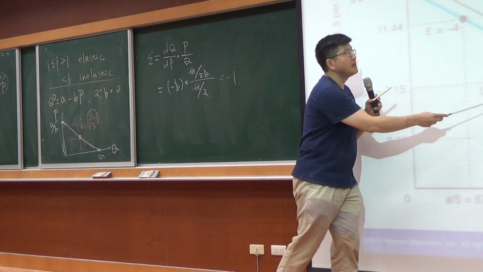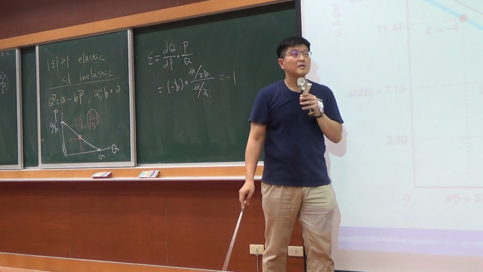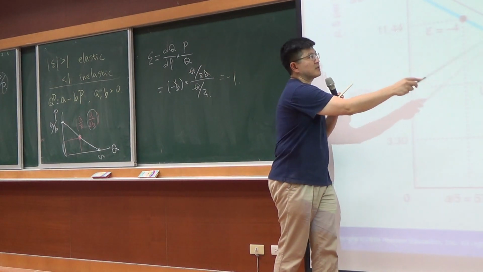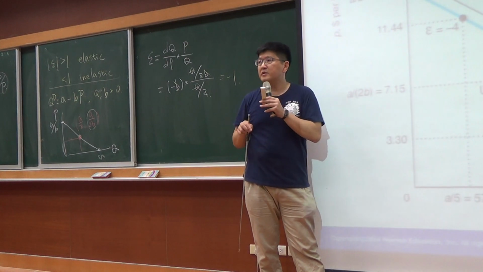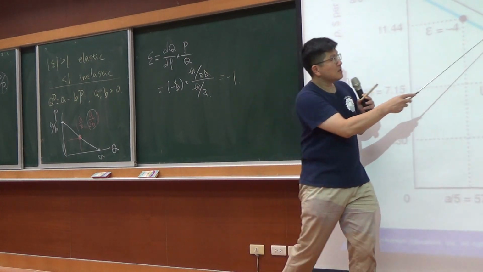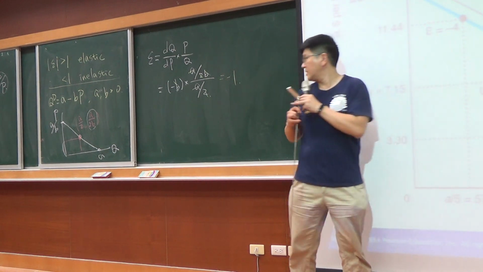And the elasticity, the absolute value in this region would be greater than 1. You see, the epsilon is less than negative 1.